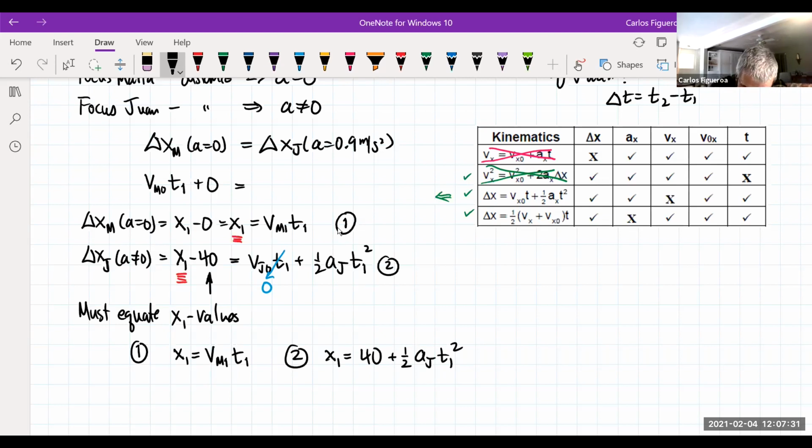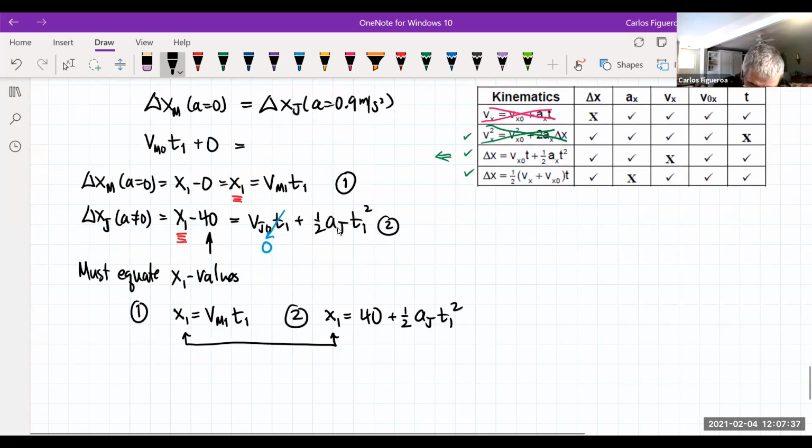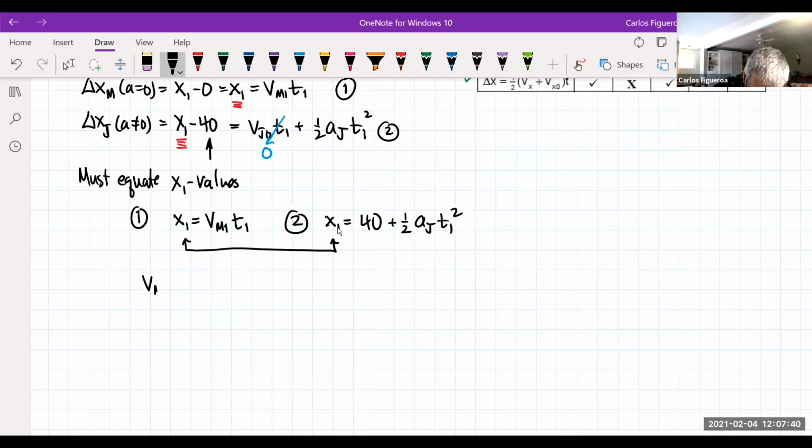Now I can equate both of these together. So the initial speed of Maria times T1 equals 40 plus 1/2 a of Juan T1 squared. What you're seeing here is that this gives me a quadratic equation.